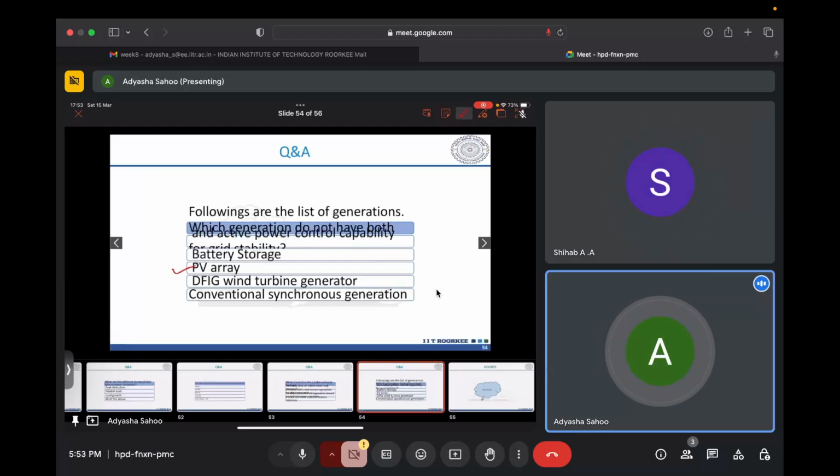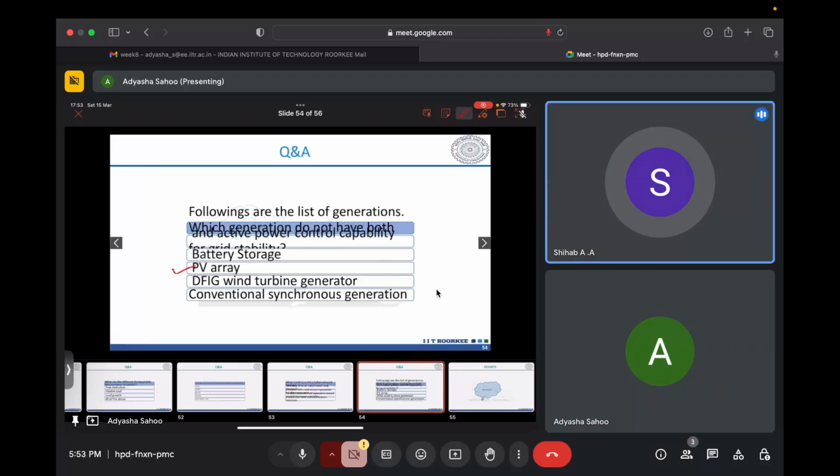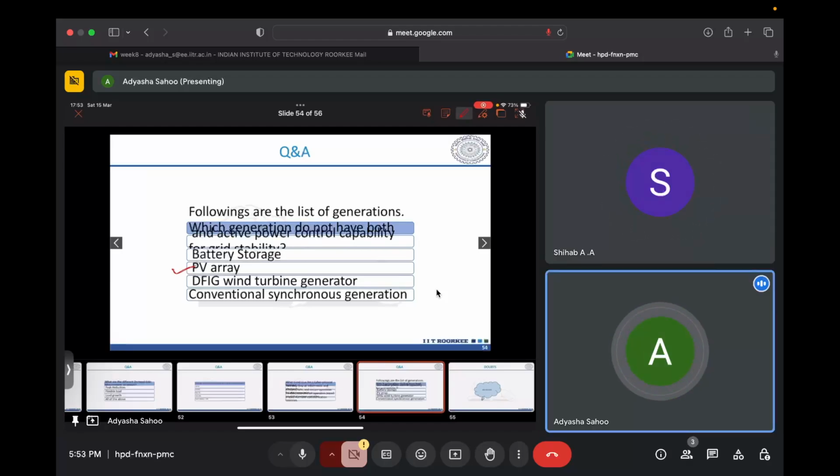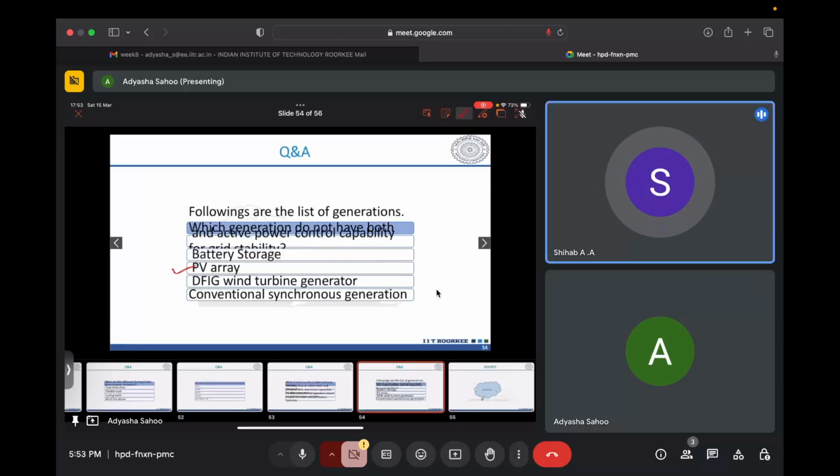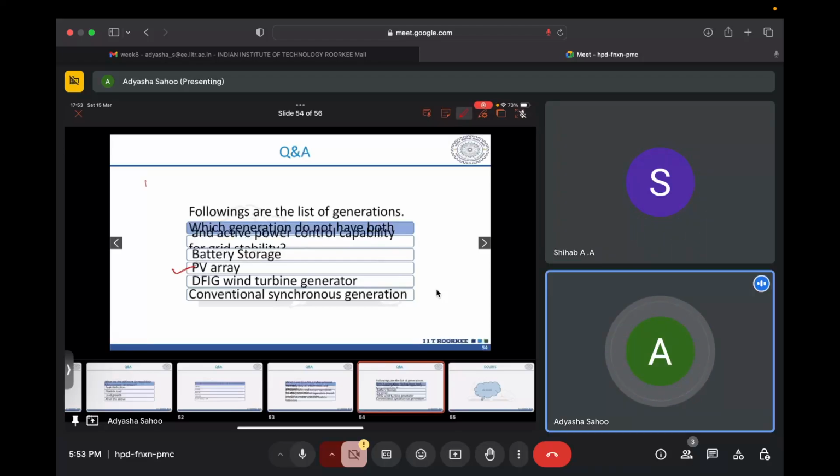If you have a battery with it, then only you can control how much power you want to inject. Otherwise, it is uncontrolled. If you have a control algorithm like MPPT, or a storage with it, then only you can do that. But in the inverter we cannot do anything. In a battery you have the stored energy, so it is in your hand whether to charge or discharge, right?